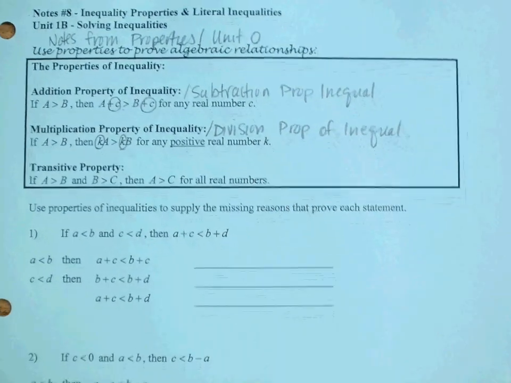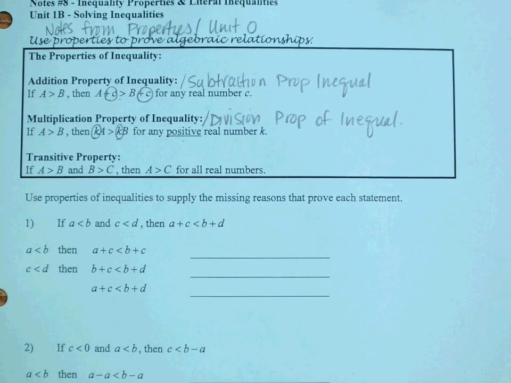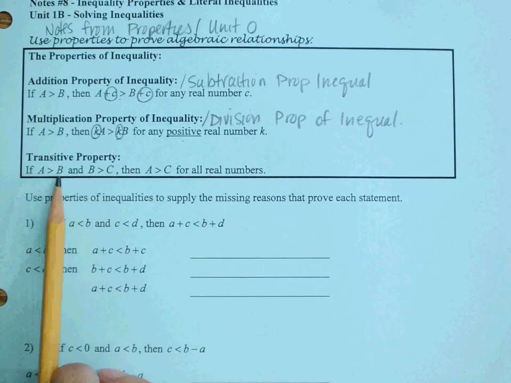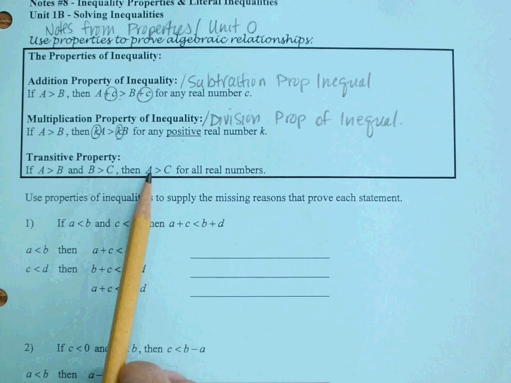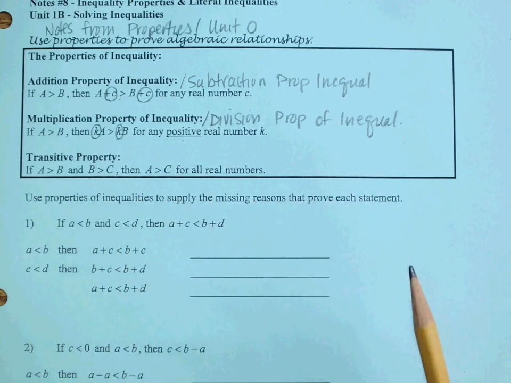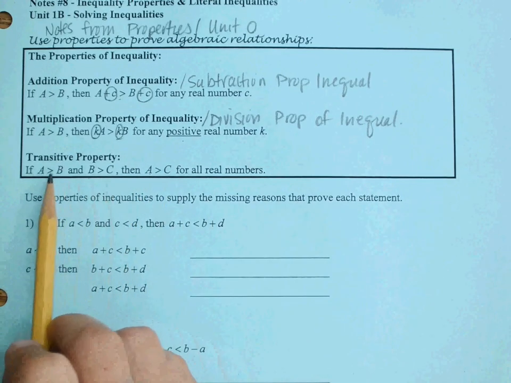And then we have the transitive property. The transitive property is similar to substitution. It's just not a direct substitution. So if A equals B, and B equals C, then A equals C for all real numbers. I just realized I was saying equal when I should have said greater than.